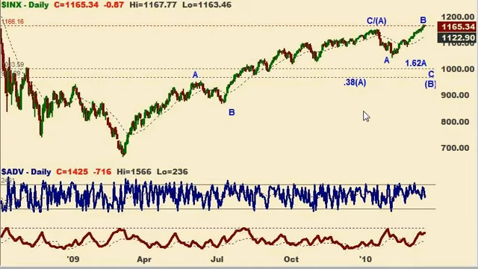I would prefer that middle area just around 1,000. It's a nice big even number, and it's 1.62 times A, 1.618 to be exact. But again, that's getting kind of far ahead of ourselves, but it gives us at least a tentative projection and something to compare the actual price action to as it unfolds.